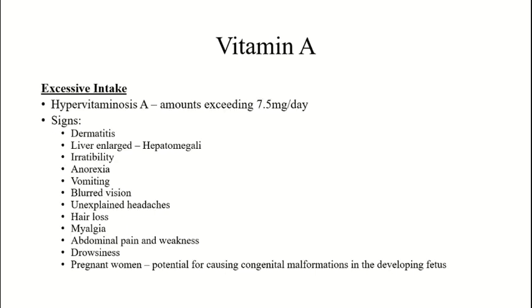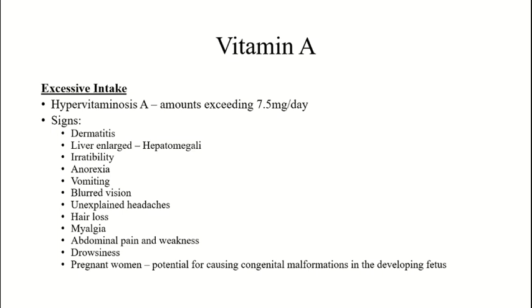All right. Now, excessive intake of vitamin A will lead to a condition called hypervitaminosis. This typically occurs if you consume more than 7.5 mg per day, and it is toxic.